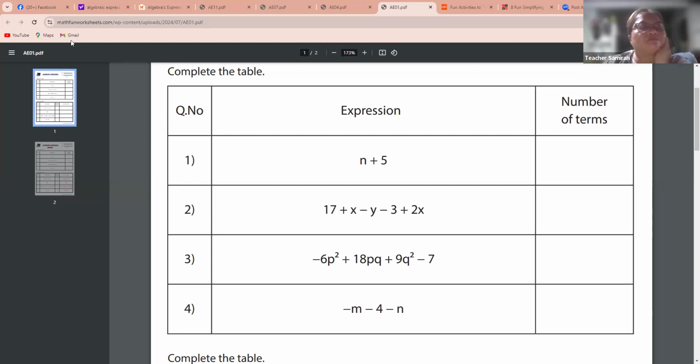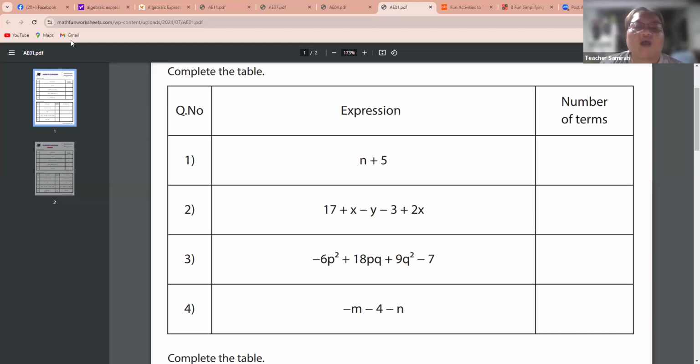Tristan, how many terms can you see for question number 1? The expression is n plus 5. What do you think? How many is it? Mark, what do you think?